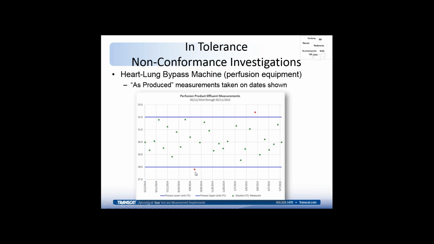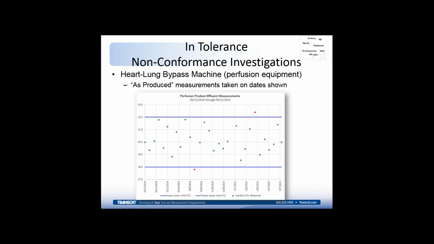We had a value here at the low end below the limit of 28 degrees. And so in that case, the measurement was taken, and then an adjustment would have been made to bring it back to where it needed to be, back to 30. Same thing with this one that was above the tolerance limit of 32. And so the measurements occurred as found here, like this, on the product.